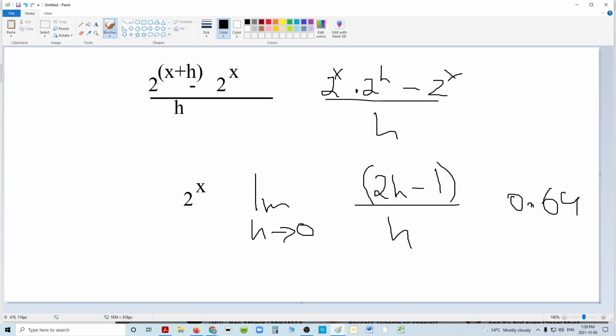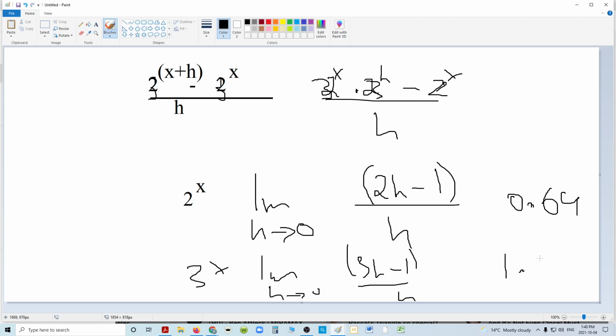And then you go on, and that doesn't really tell you anything. You can graph it, and you'll see it'll give this as an answer. And then you can go on and do it for 3 to the x, and you get a very similar thing. You can take 3 to the x out, and you're left with the limit as h approaches 0 of 3 to the h minus 1 over h, and you discover this is another number.